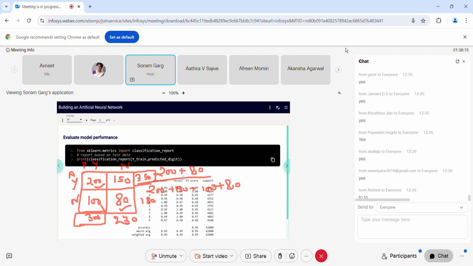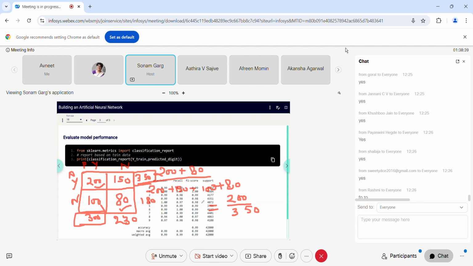So if I do 200 by 350, what does it give me? It is not accuracy, but another metric. Actually, 350 data points were yes, but only 200 were predicted yes.